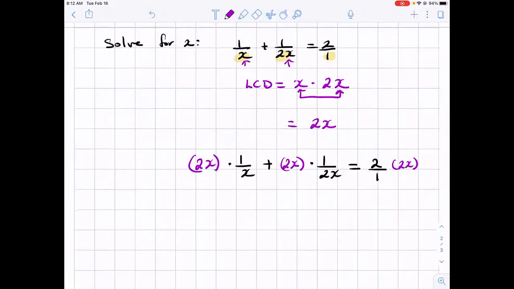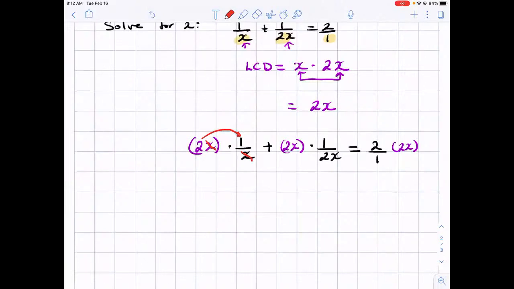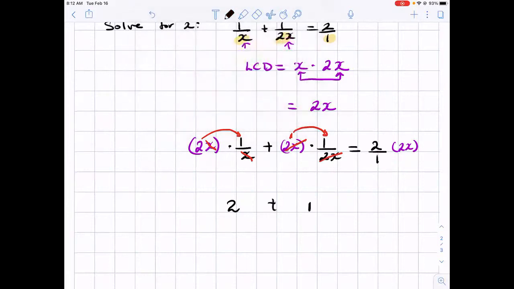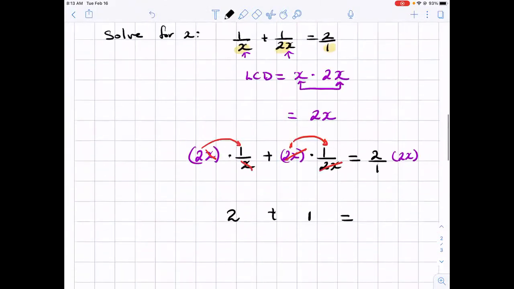Now, as always, the denominators must cancel, so this x will cancel with that x, leaving you with 2 times 1, and that is 2. In this case, the 2x will cancel with the 2x, so it's a 1, so 1 times 1 is 1. And that's equal to, in this case there's really nothing in the denominator, so 2x times 2 becomes 4x.